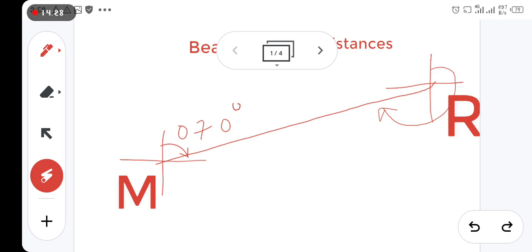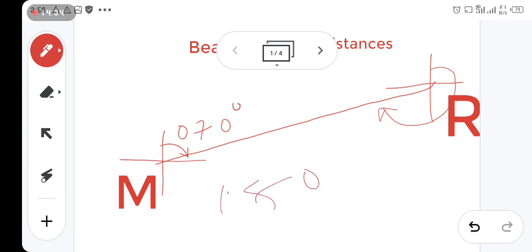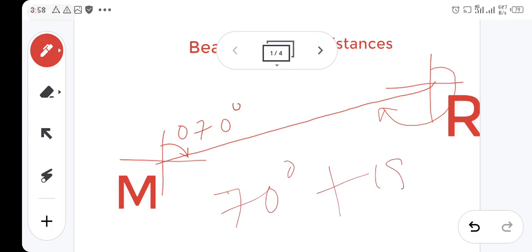So it means that the bearing of M from R will be 70 degrees plus 180 degrees, which gives us 250 degrees.